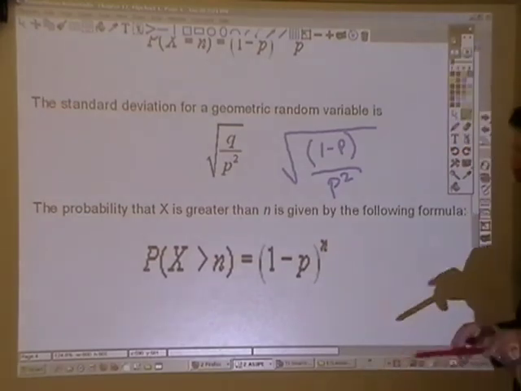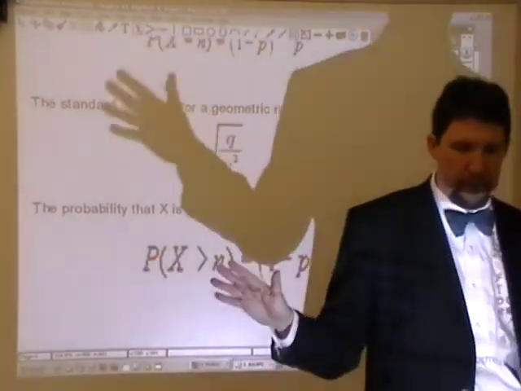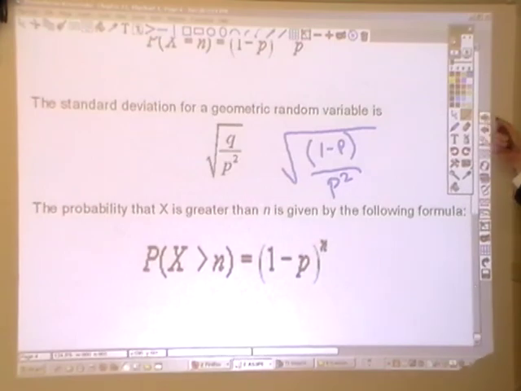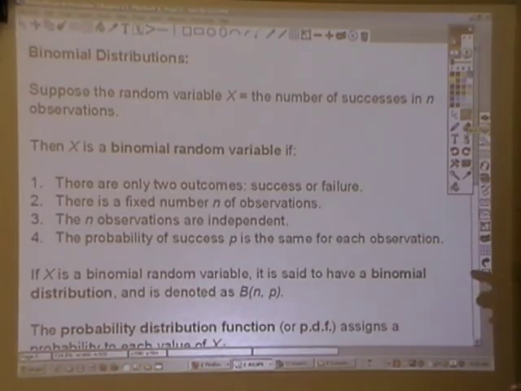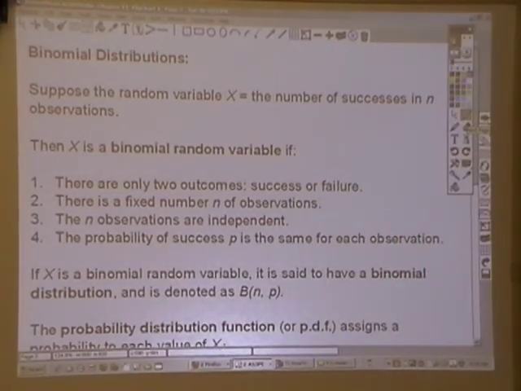And that's it for the beginning of this. We're going to stop here, and then we're going to come back with the next step. The next step is the binomial distribution, the other part of the Bernoulli family.